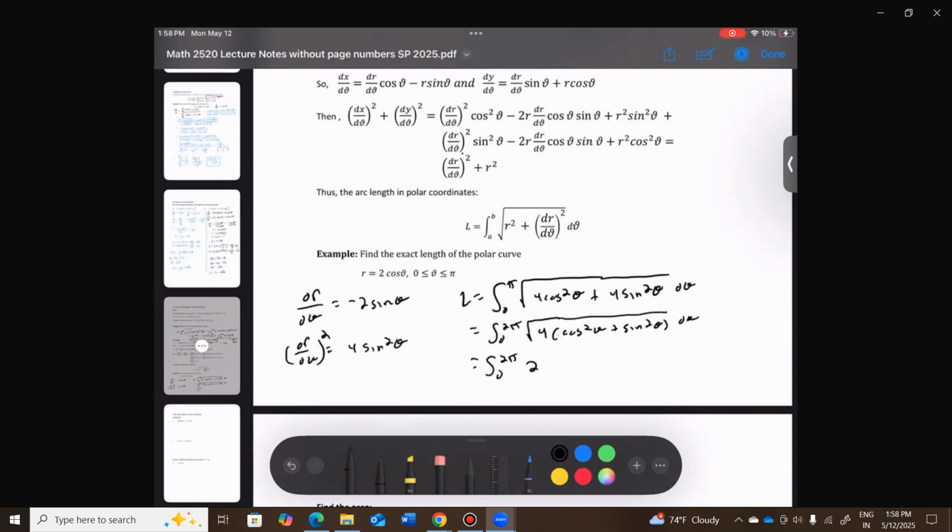So you have 2 d theta. And so this is equal to 2 theta from 0 to pi. I'm sorry, I kept writing 2 pi, it's from 0 to pi. So that's equal to 2 pi.